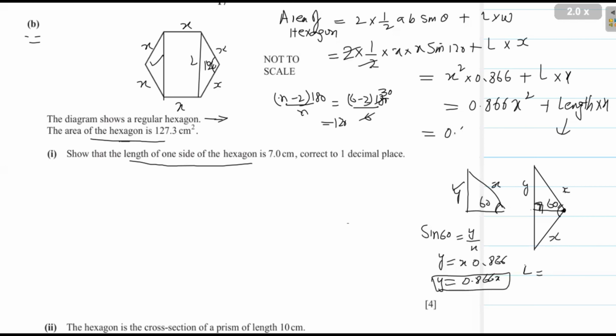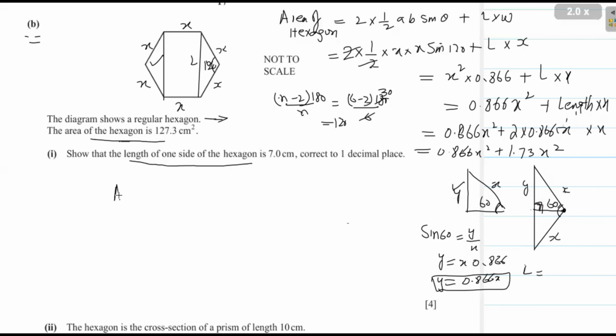Therefore, we can write 0.866 x square plus length, which will be equal to 2 times 0.866 into x, and this value will be equal to 0.866 x square plus 2 into 0.866. This will be equal to 1.73 x square.